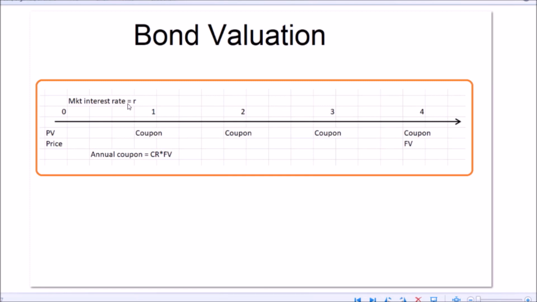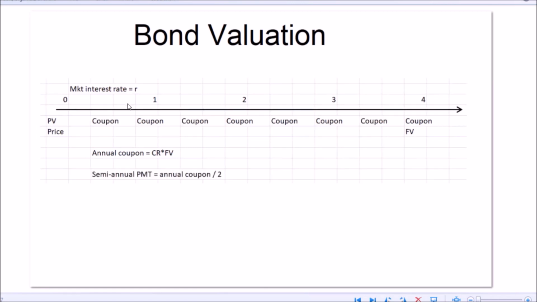And as I mentioned, coupon payments are sometimes made more frequently than once a year. Here's another example with semi-annual coupon payments, where the coupon is paid twice per year. Sometimes it could be even more frequent than that. But again, in this example, the annual coupon is the product of the coupon rate and the face value.